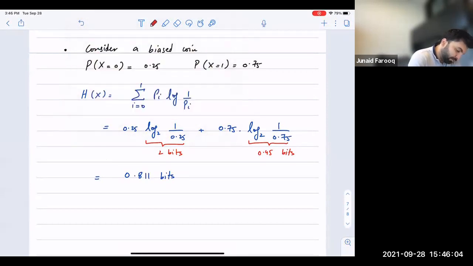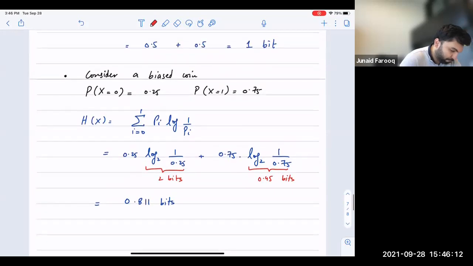I have a question. Yes. How do you compute the 2 bits and the 0.4 bits? Is it the log 2 of something? Yeah. So whenever you take the log 2 of something, you can say that the result is in bits.